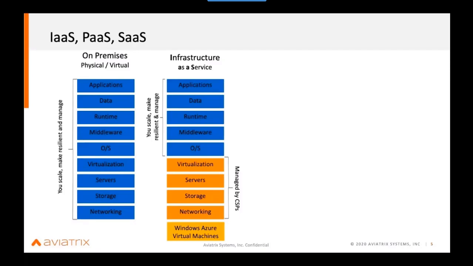That is where you're consuming IaaS services. The underlying networking, storage, and virtualization are managed by the cloud service provider, depicted by CSP. But the blue part is something that you are managing. You deploy the instance, you manage the operating system and the application that runs on it.